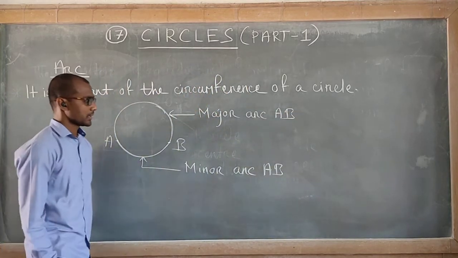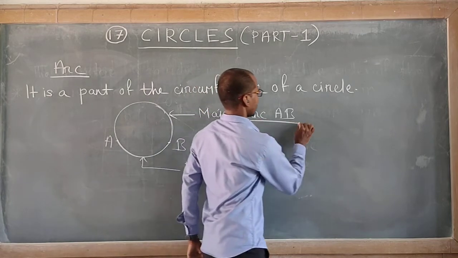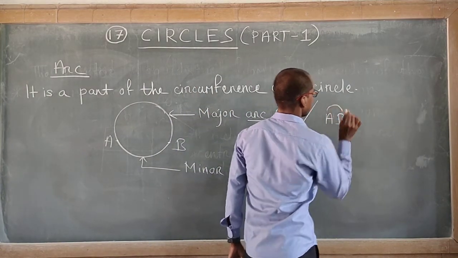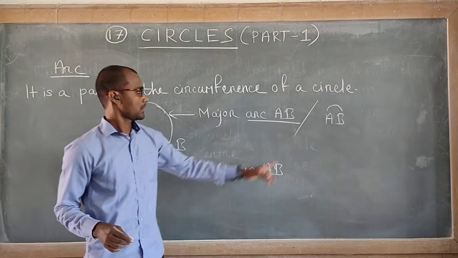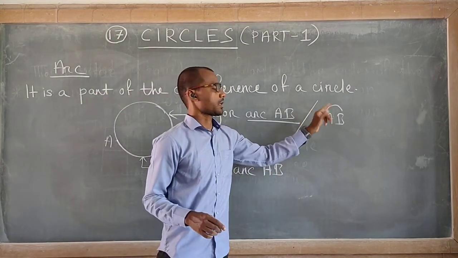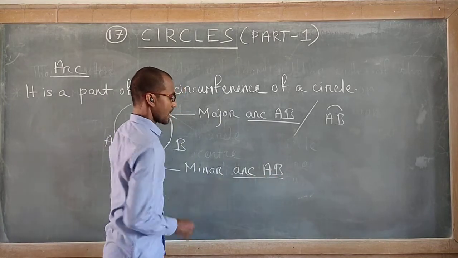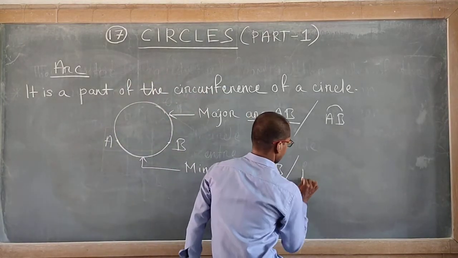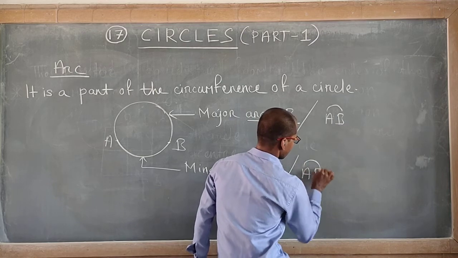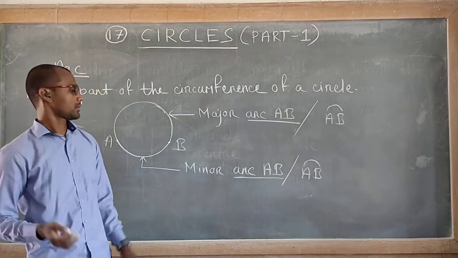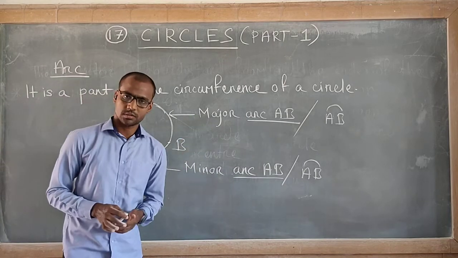Instead of writing arc AB, you can write AB with a curve at the top, like this. So there are two types of arc: minor arc and major arc. Clear?